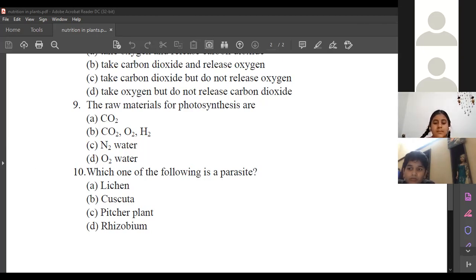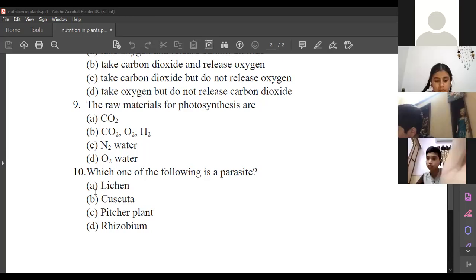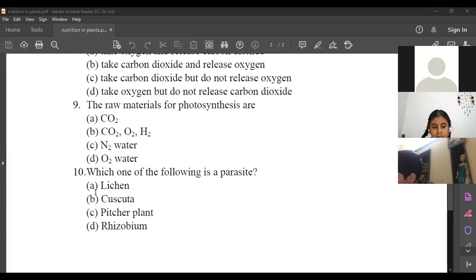But Srushti, we can use lichens as one of the natural indicators. One of the natural acid-base indicators is prepared with the help of lichens.